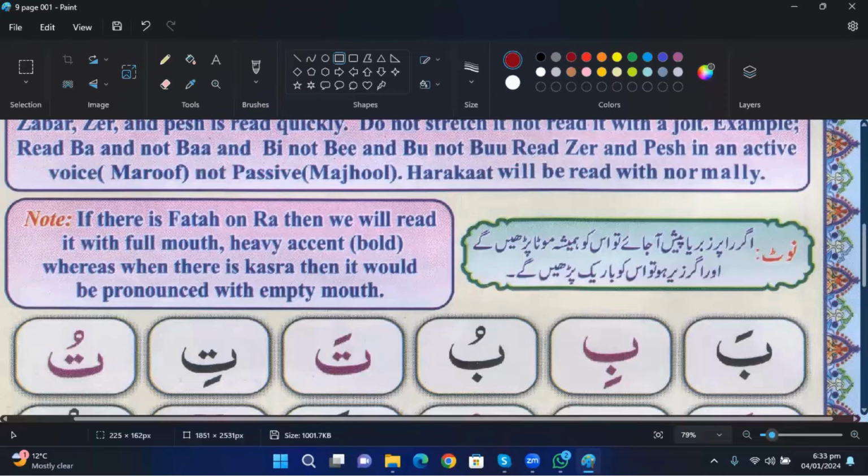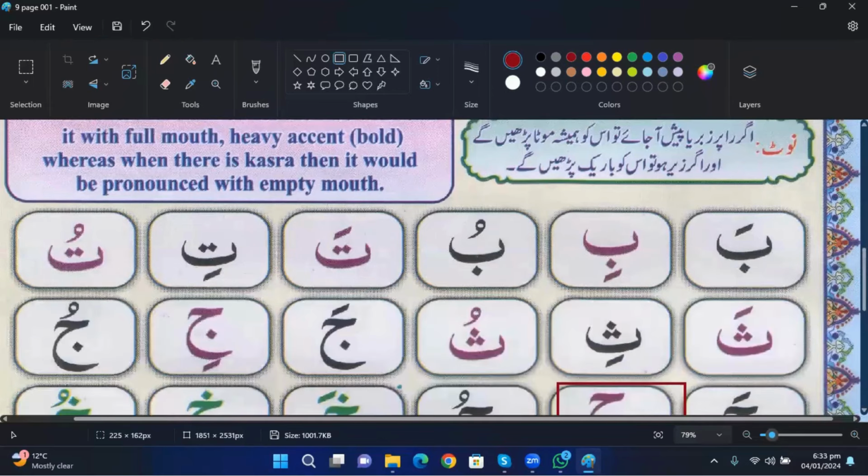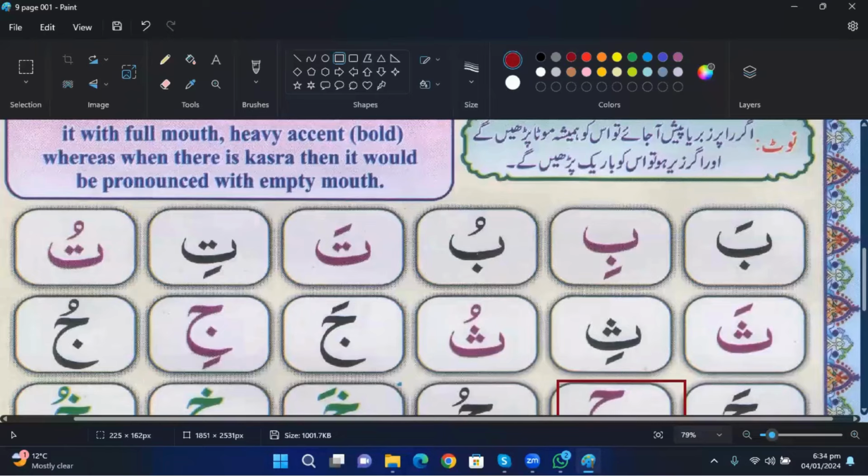After that, if you are teaching kids, you need to introduce them to the harakat: fatha, kasra, and dhamma. You need to tell them about the shapes, how fatha looks, how kasra looks, and how dhamma looks.